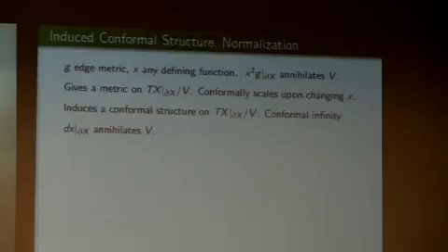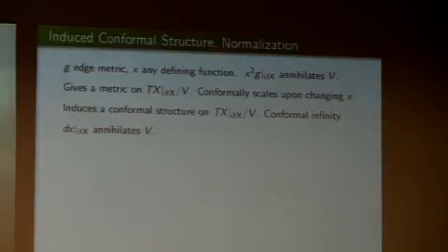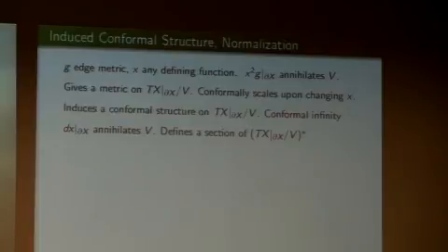Okay, now I want to introduce the analog of this dx squared, the thing that was supposed to be 1 for asymptotically hyperbolic metrics. We look at dx. That annihilates the whole tangent space of the boundary, in particular it annihilates v. So we can look at it as an element of the dual space of this quotient, and the x also gives us a metric, not just a conformal class, on the boundary.